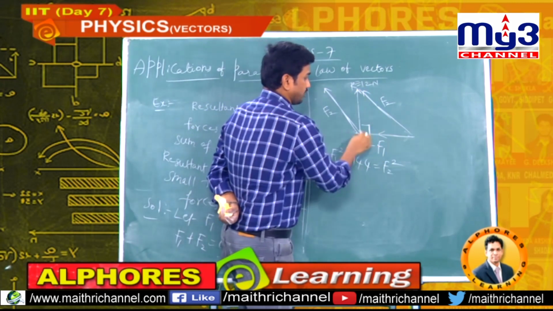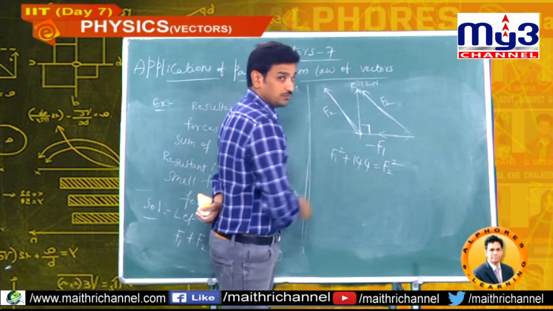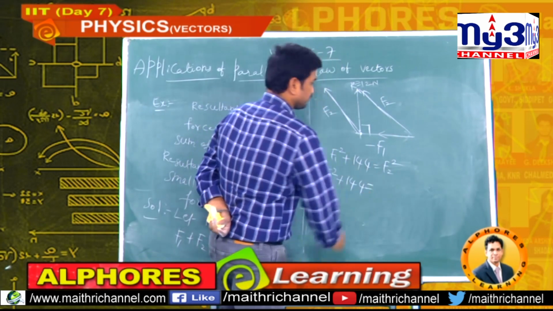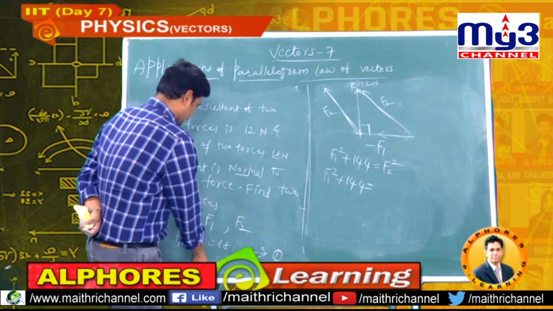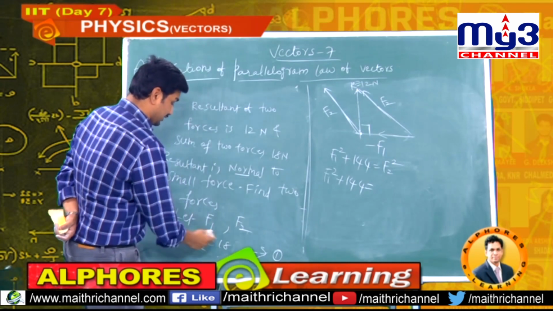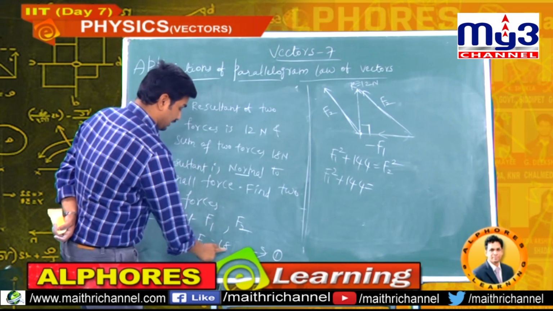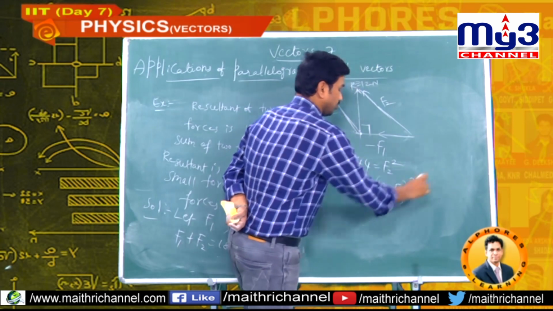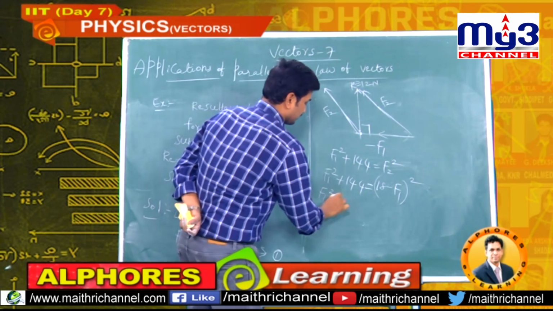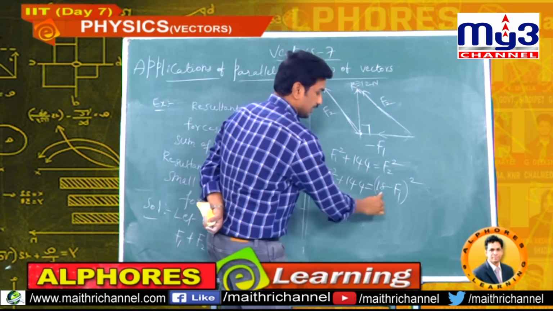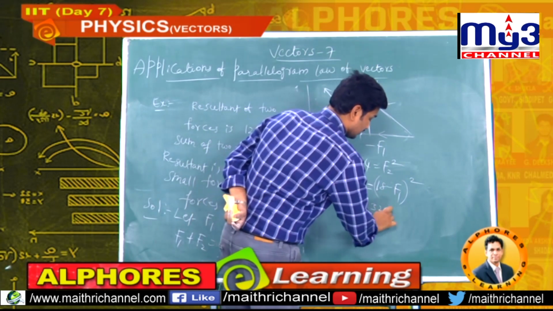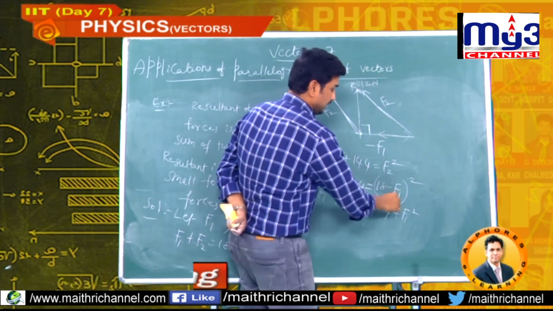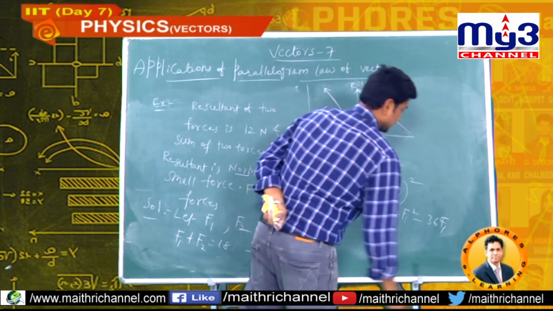Now, the resultant of these two in this diagram is F2. Simple substitution: F1 square plus 144. Now, what is F2? Can I write F2 as 18 minus F1? F2 I can write as 18 minus F1, whole square. Now F1 square plus 144, a minus b whole square: 18 whole square is 324, plus F1 square, minus 2ab, 36 F1.